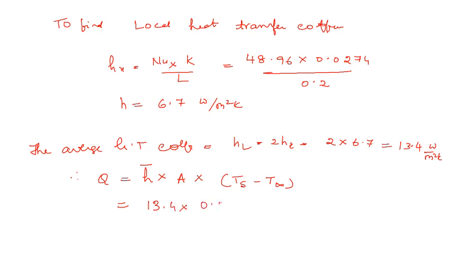And the area is 0.2, that is the length, and this is 60 minus 27. If I use this, it turns out to be 81.18 watt. So the same steps we have to repeat for the 40 centimeter. So what is varying here?